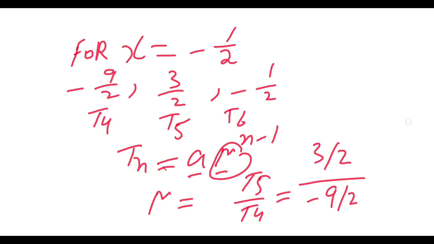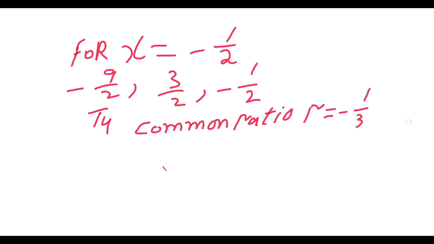So I use my calculator. The answer will be negative 1 over 3. So I got the common ratio. So I need to find the a now, the first term. So for x equal to negative 1 over 2, I'm going to use term 4 again. You can use even term 5. So term 4 we got equal to negative 9 over 2 when x is equal to negative 1 over 2.